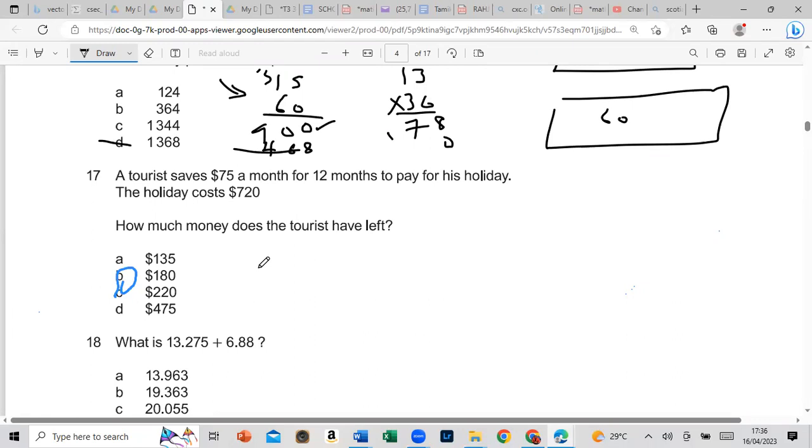Somebody says B. Let's see if it's B. Sir, 180, B. Okay, all right.